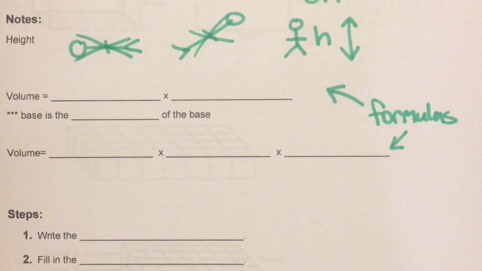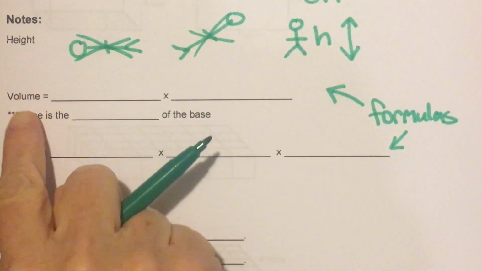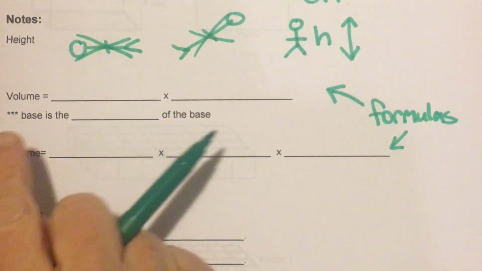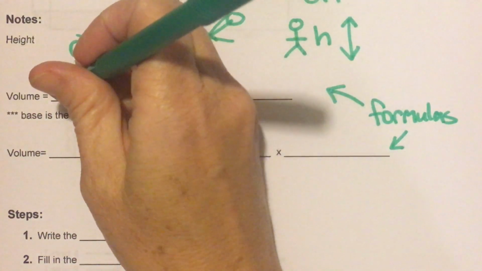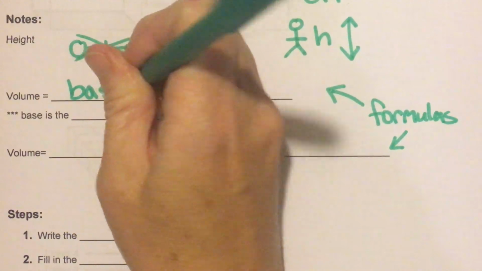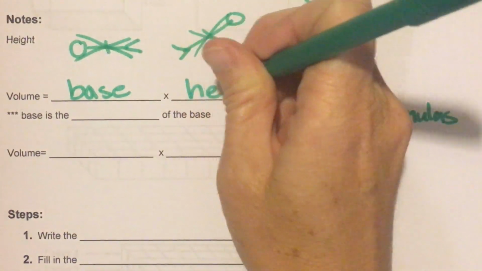These are actual mathematical formulas that will work on every problem if it's done correctly. Our first formula is for volume, and a way you can find volume is volume equals base times height.